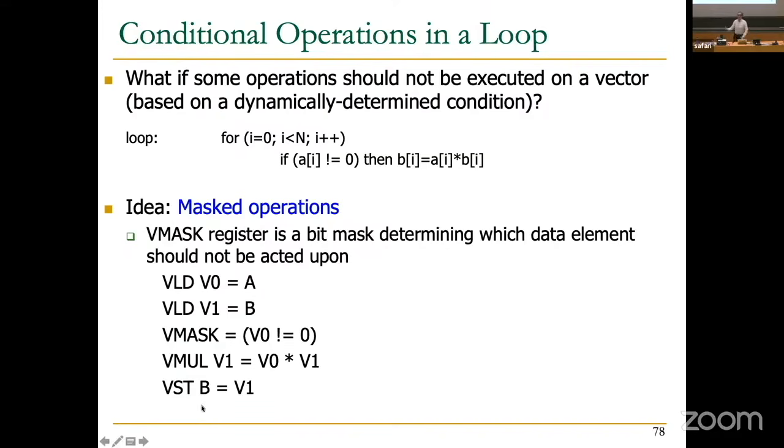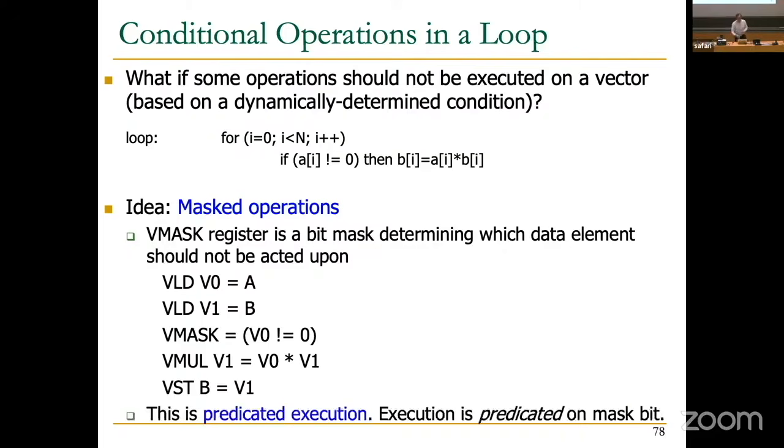So in order to be able to go back to unconditional execution, you need to reset the vector mask register to all ones. So if your vector mask register is all zeros, these are actually no ops, right? Makes sense, right? You still execute them, but in effect, they're no ops because all of the elements in the vector mask register are zeros. So this is actually predicate execution.